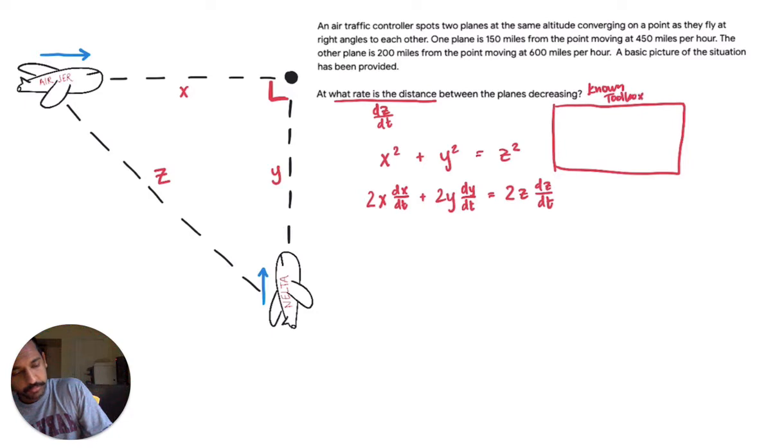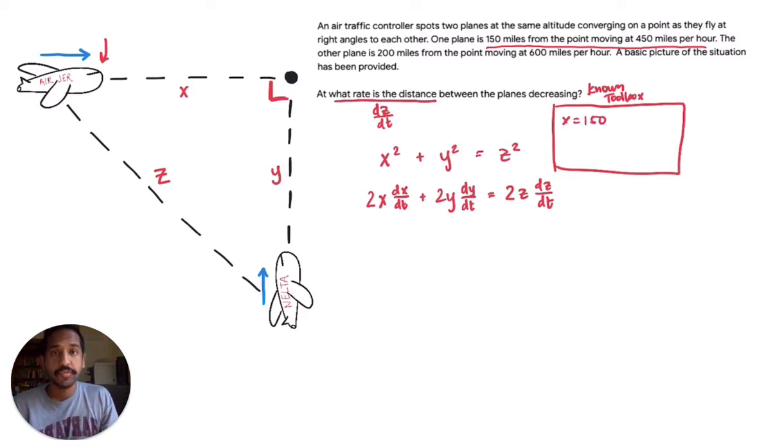Well, let's look. One plane is 150 miles from the point, moving at 450 miles per hour. So let's say it's this plane right here. If this plane is 150 miles from that point, that means x equals 150.